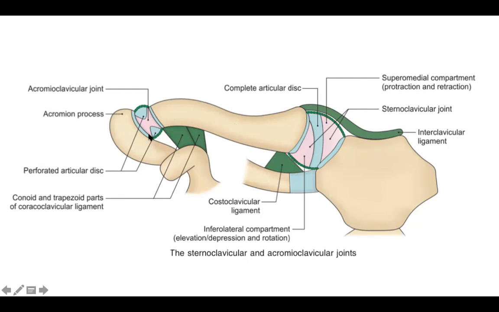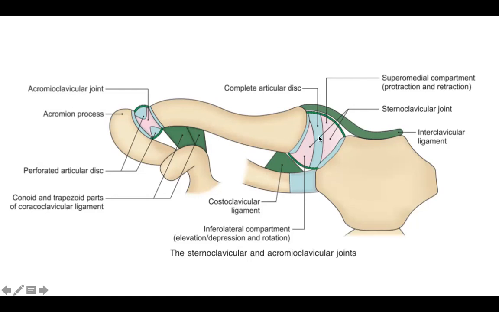Sometimes if it's a blunt trauma or injury, it will cause fracture of the middle clavicle instead of causing dislocation of these two joints. Because these two joints are so strong, sometimes the clavicle breaks and the joints are not injured.